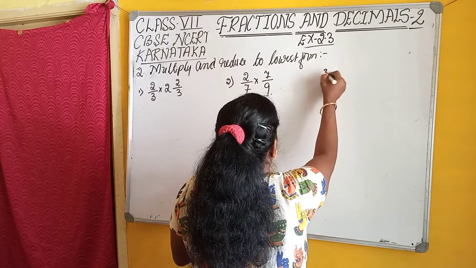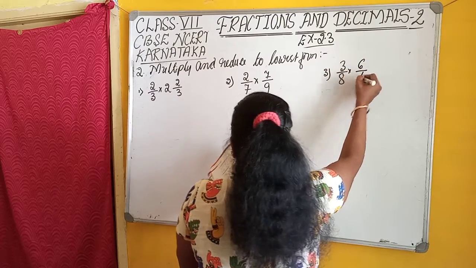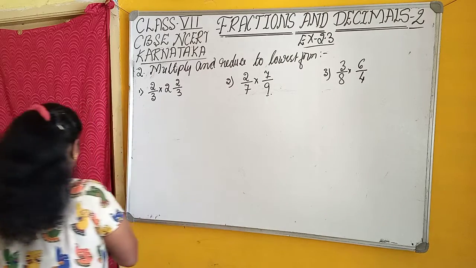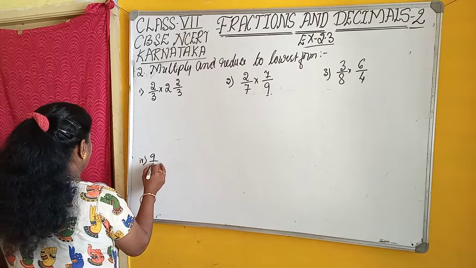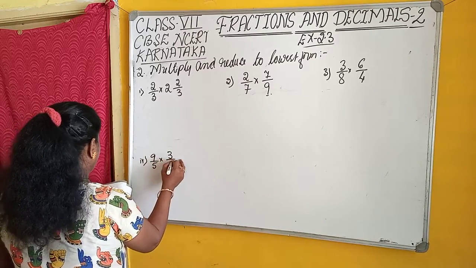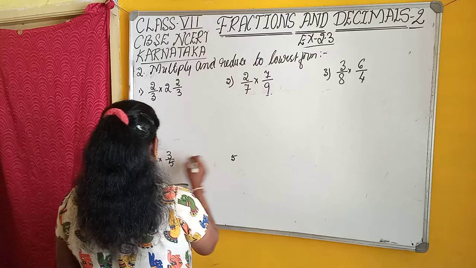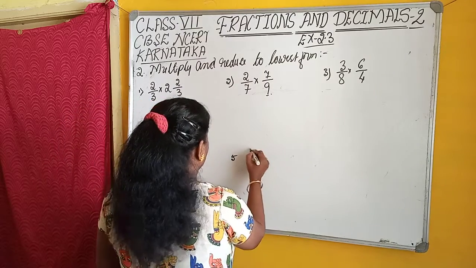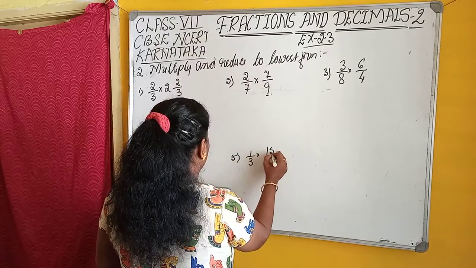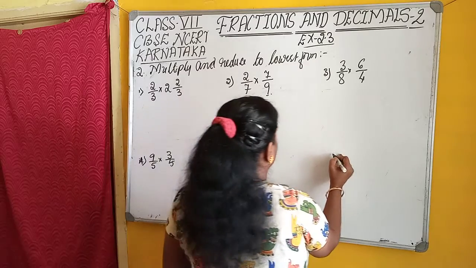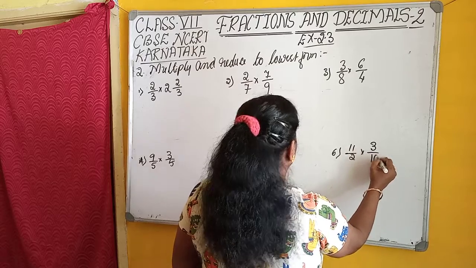Third one, 3 by 8 into 6 by 4. Fourth one, 9 by 5 into 3 by 5. Fifth one, 1 by 3 into 15 by 8. Sixth one, 11 by 2 into 3 by 10.